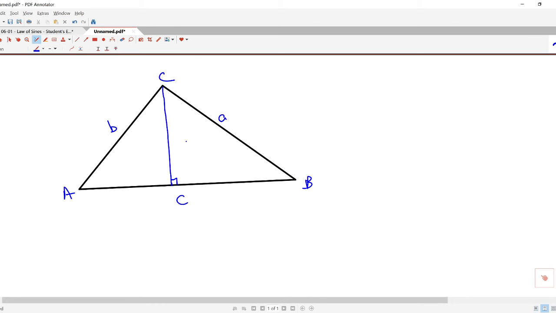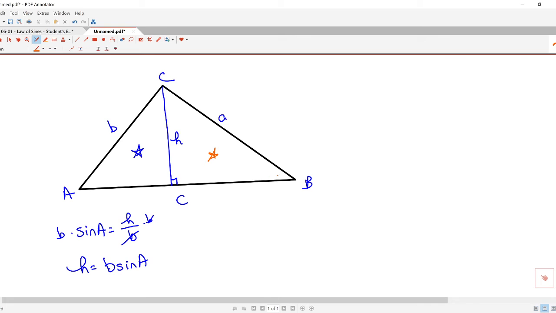So that's going to be perpendicular. And we'll call this H for the height. Now, if I take a look at this triangle over here, this is a right triangle. So I can say that the sine of angle A is equal to the opposite, which is the height, over the hypotenuse. Multiply both sides by B. So H is equal to B times the sine of A.